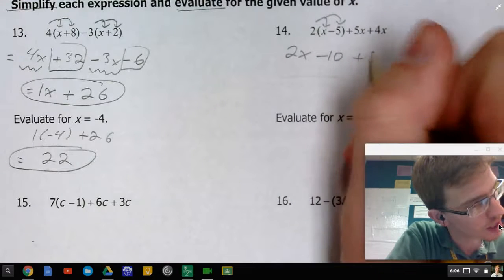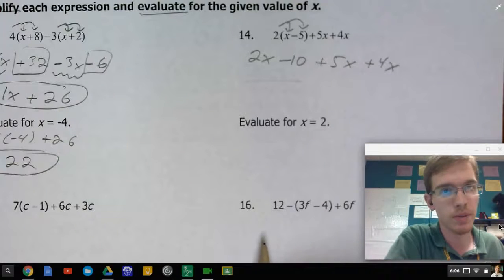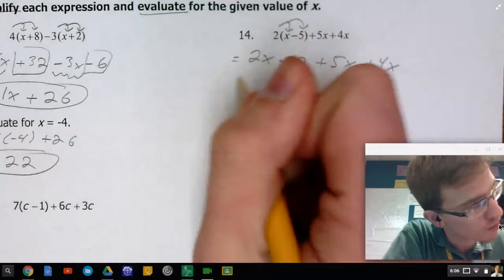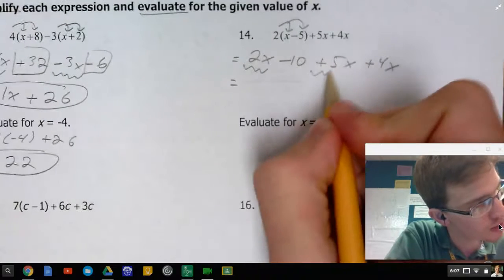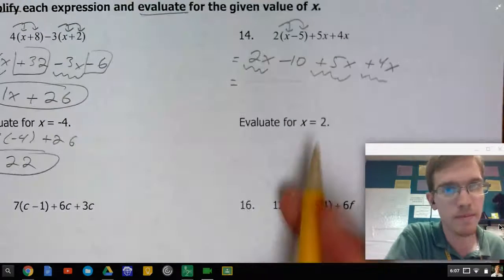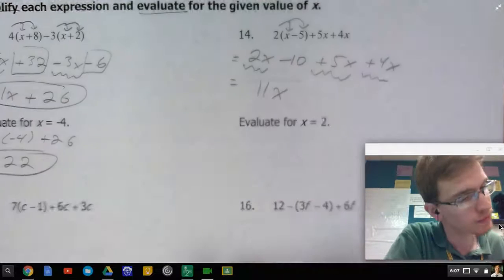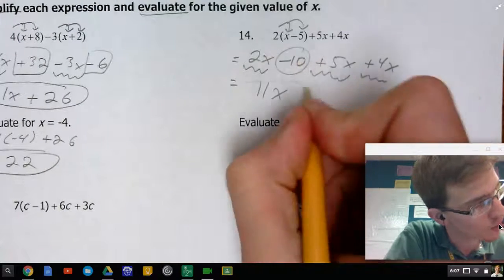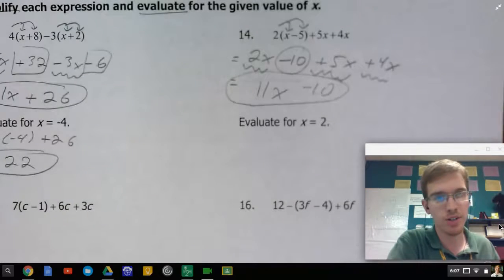Bring these down, plus 5x plus 4x. Combine like terms. As I said earlier, always follow these steps. 2x plus 5x plus 4x. That would be 11x. And we bring down the minus 10. So 11x minus 10 is part of our answer.